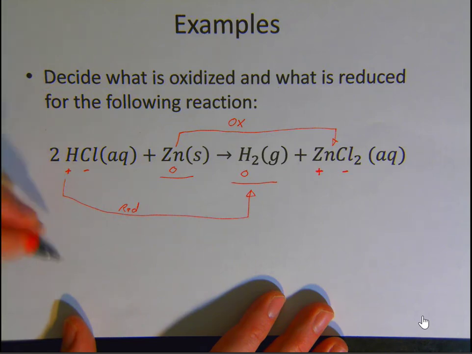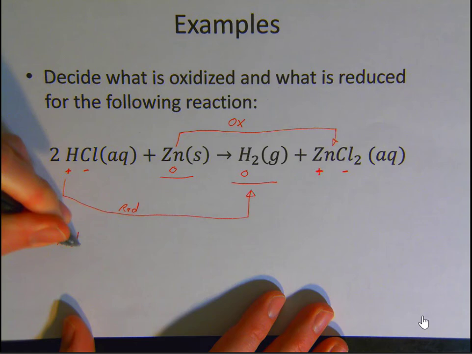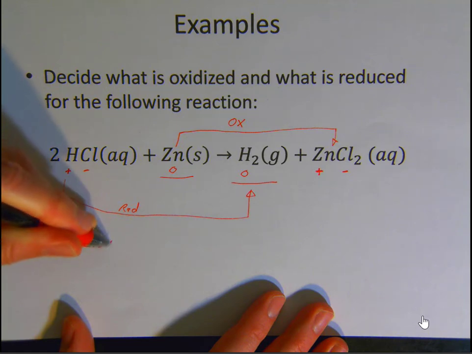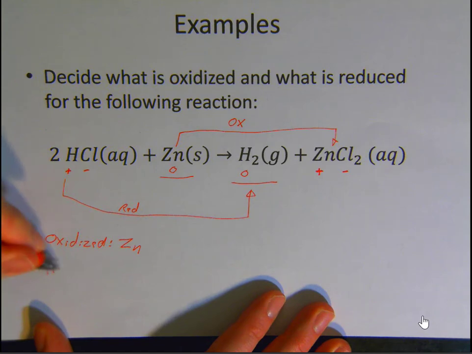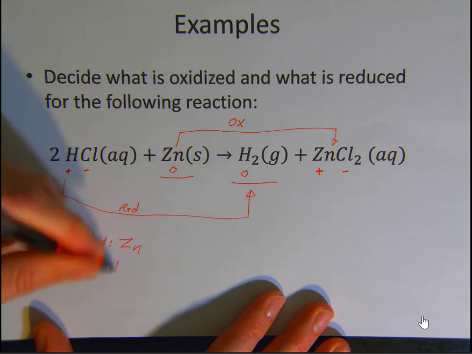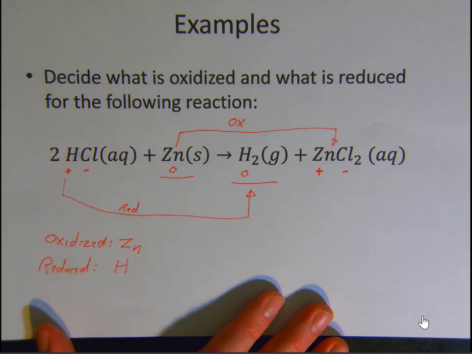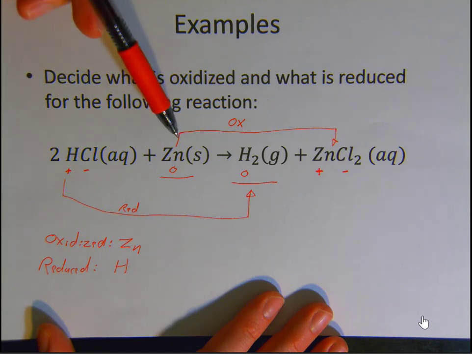So the answer to this question, oxidized, is going to be the zinc. The zinc is oxidized in this reaction, and then reduced is going to be the hydrogen. For the examples we'll see in this class, everything will be involving something in its elemental state.